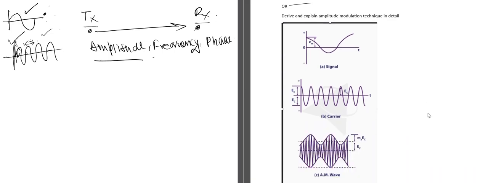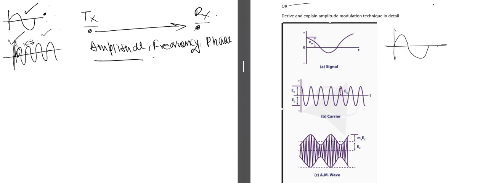Here we can see in this particular diagram, this is our message signal. For simplicity, let us assume that the message signal is like this.